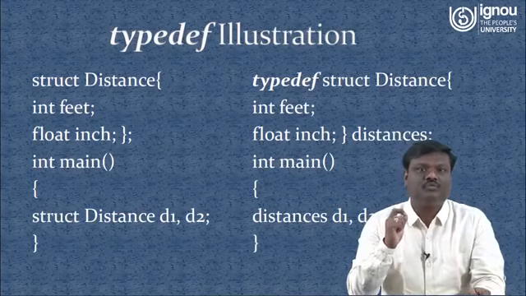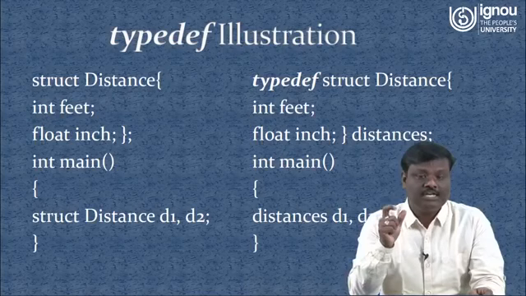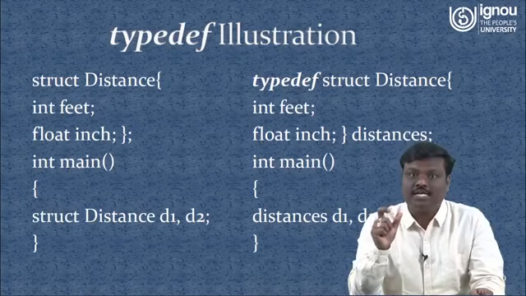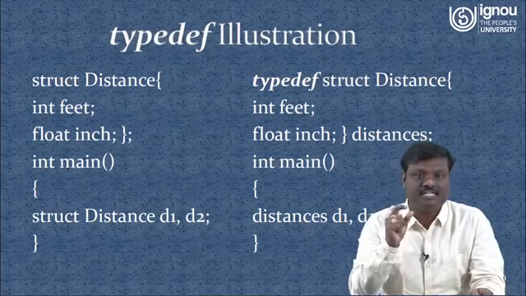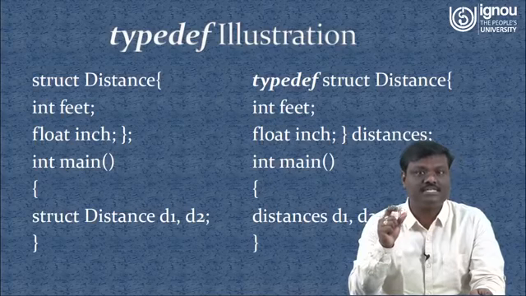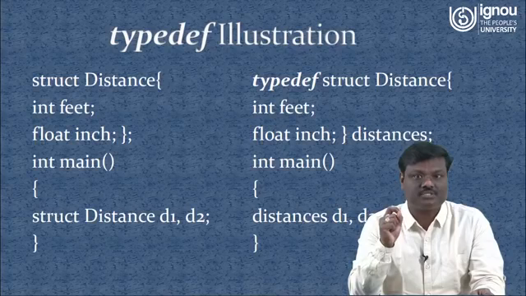So whenever you want to write, and we are keeping a different name, you can see over there Distances, it is ending with Distances. The Distances is not a structure variable. The Distances is an alias name of struct distance. Instead of writing struct distance, what we are trying to write? Distances. So down you can see in the main program, Distances d1, d2, those are the structure variables.